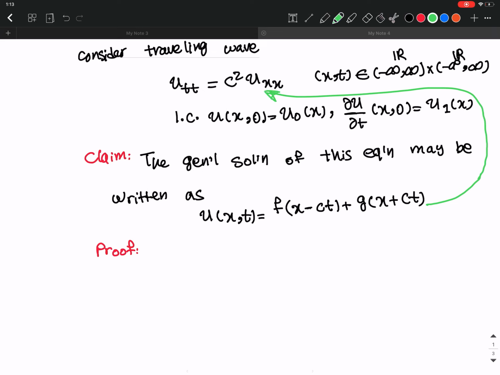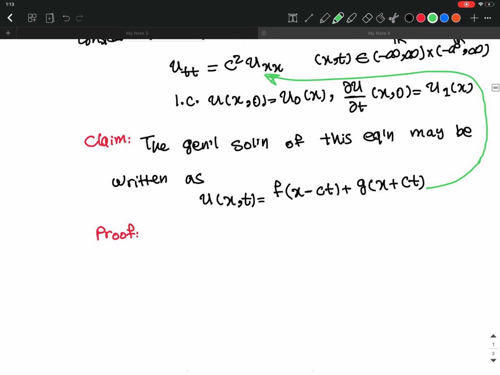So we want to see whether it is gonna satisfy that equation. What I need to do is just take the derivatives of this proposed solution and see whether it's gonna satisfy the original equation or not.